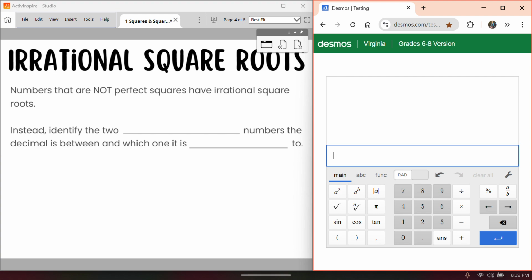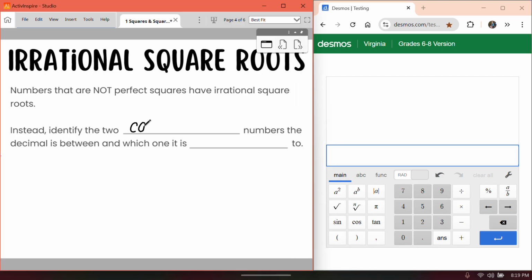We're just talking about when we put in a square root, like the square root of 5, and we don't get a pretty answer. So what we do in those cases is we decide what two consecutive numbers the decimal is between and which one it is closest to.